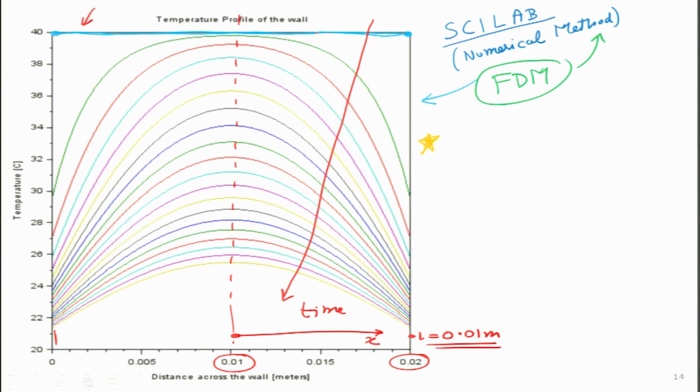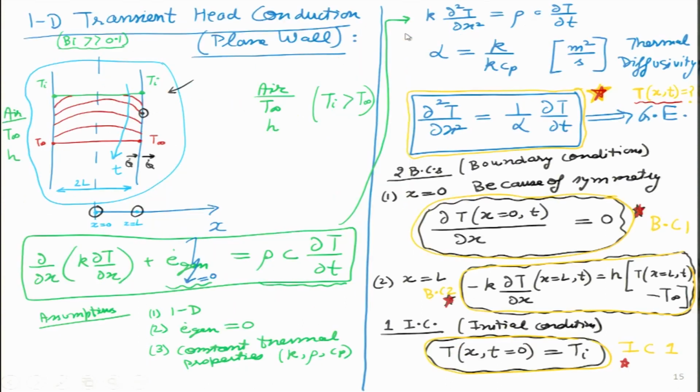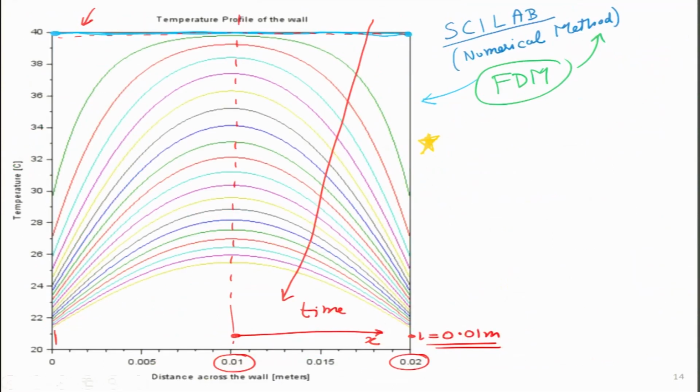So throughout, the book is at 40 degrees. I will put it with a dotted red line over here. These are different curves which have been drawn according to different times. If you notice, the last time is showing like this. So our book has this particular temperature after a certain amount of time, and according to the FDM code we are getting about 559 seconds.